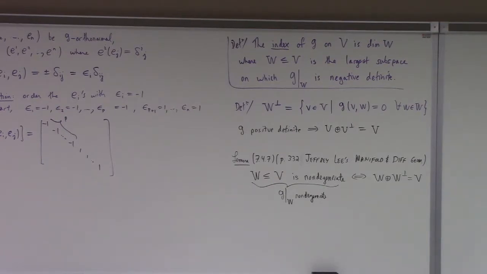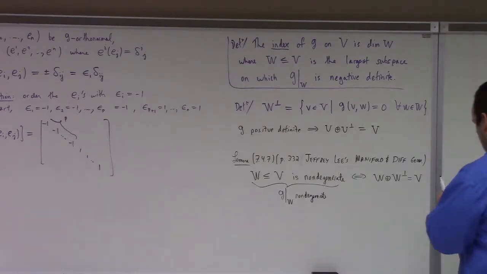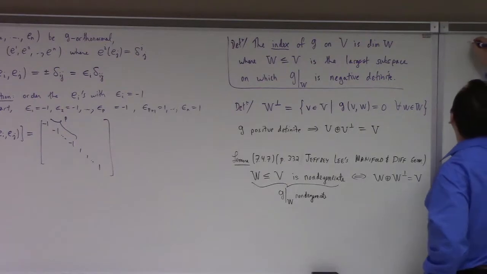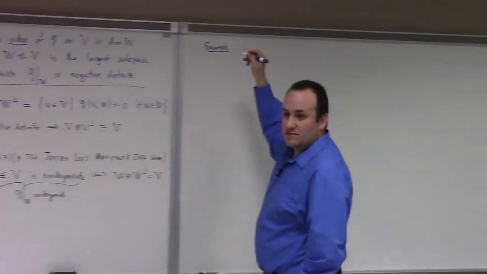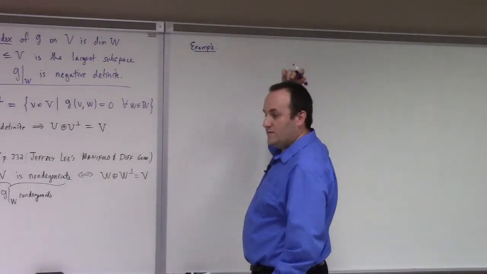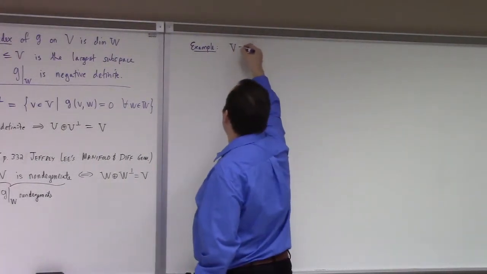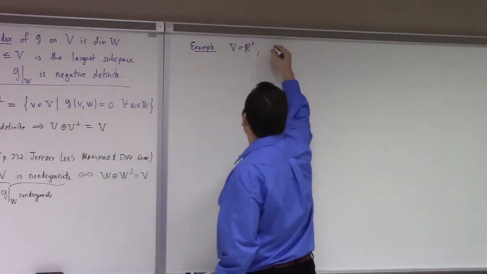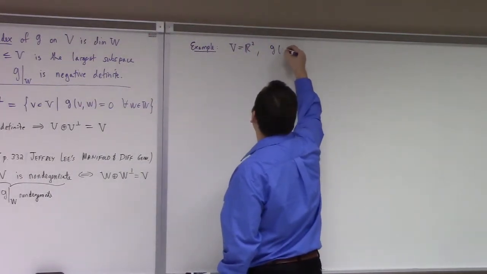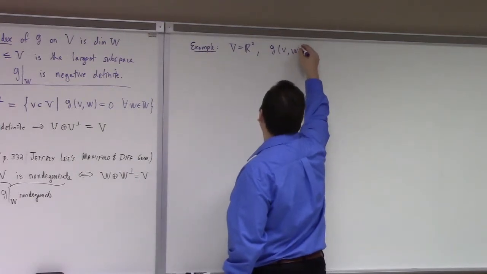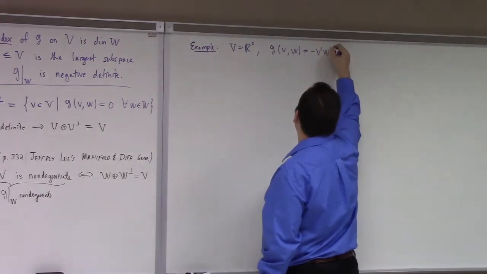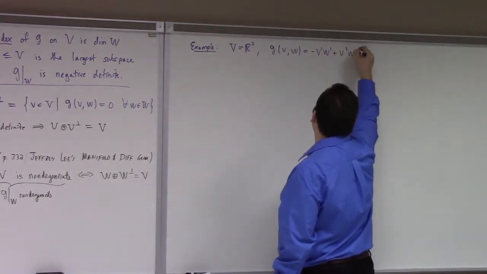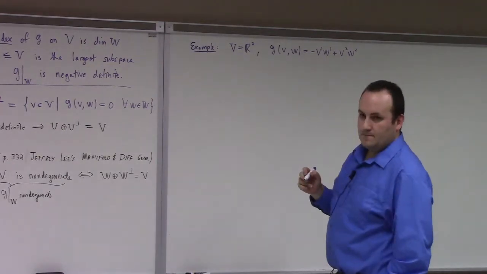I'm not going to prove that theorem, but what I will show you is an example of how it can go wrong, because you haven't seen many examples of metrics which aren't just positive definite inner products in the usual sense. So here's a good example. Let V equal R2, paired with G of v comma w equal to minus v1 w1 plus v2 w2.